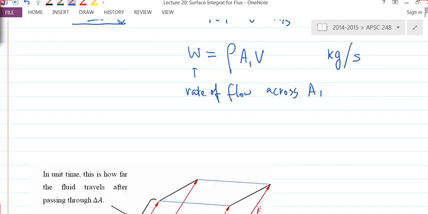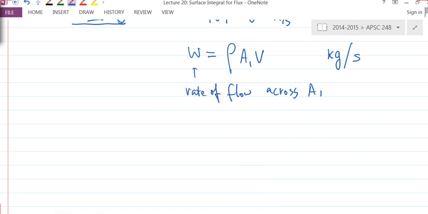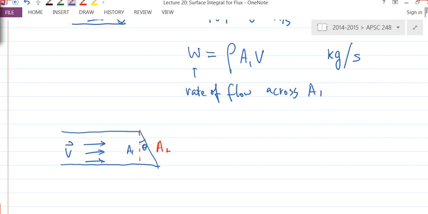Now, what if the V1? Let's just change this slightly. I'll look at the cross section only. If this is a cross section, let's call it A2, and the V is still the same as before. And suppose that this is A1, there's an angle theta between.